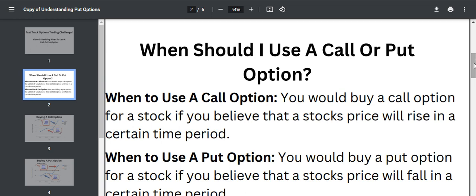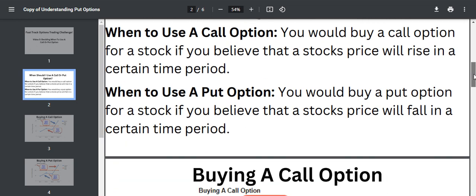Just to recap, you buy a call option for a stock that you believe is going to rise above a set level in a certain period of time. Maybe the company you're looking at is going to put out a really positive earnings report, so you think the stock price is going to rise. If you believe that's the case, you buy your option, ride the rise, and then profit from it.